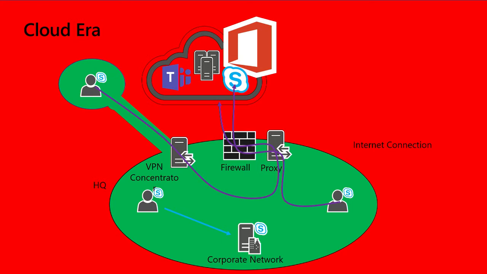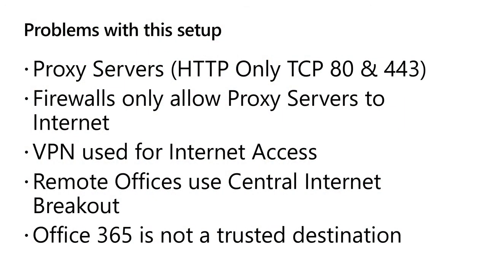So we cannot just send data there and receive data without being impacted by network equipment, right? It's still going through all those network devices. So what's wrong with this? We have to fix a lot of these issues. We have to be aware that proxy servers are probably not the best choice when we connect to Office 365.